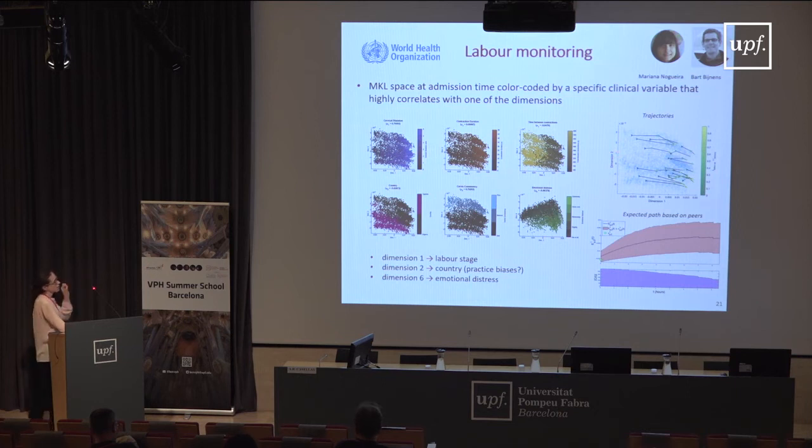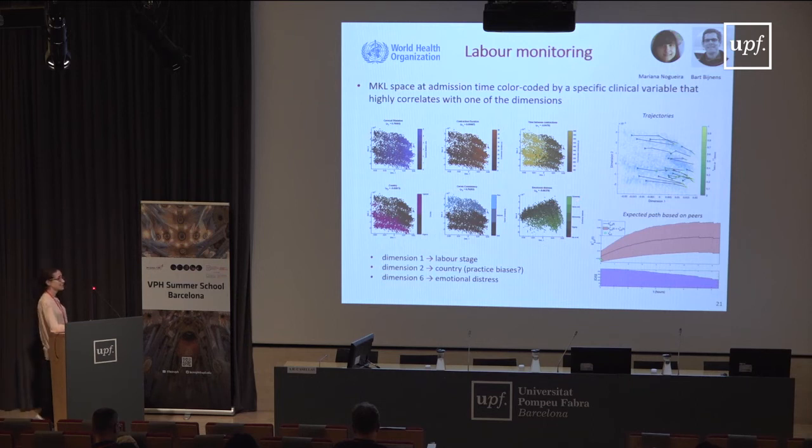Every triangle corresponds to a time point, and the more green triangles correspond to the admission time, the first time they come to the hospital, and the yellow ones are at delivery time. So we can see how the mother travels towards the right.